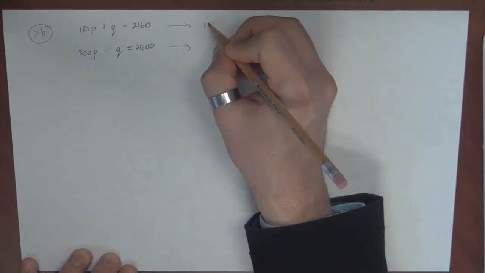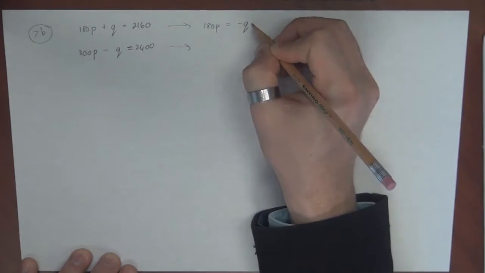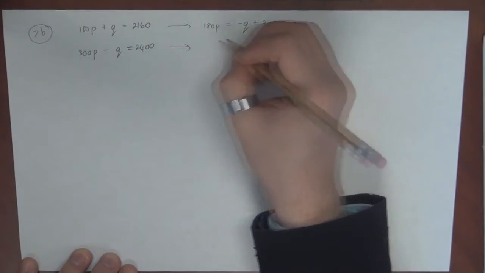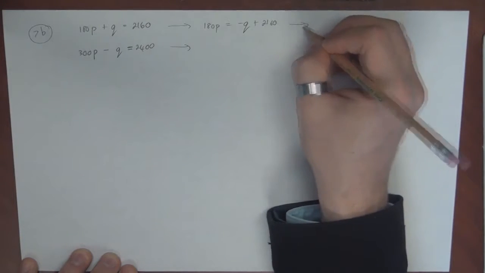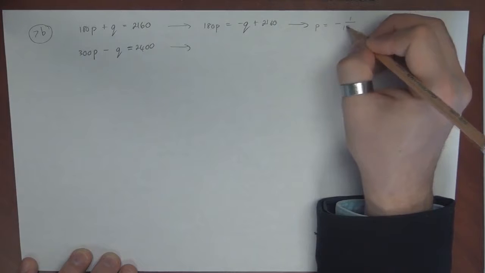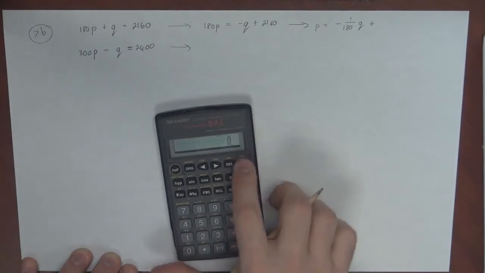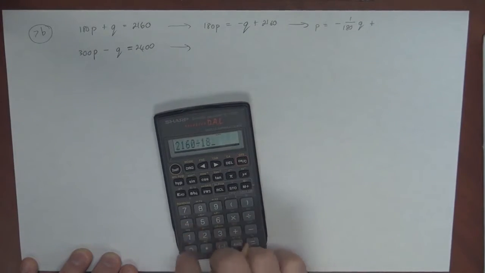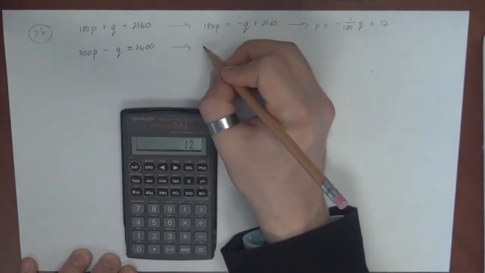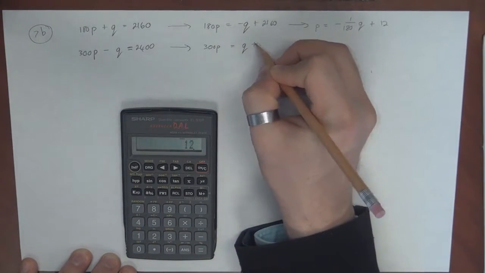So I will write an in-between step just for safety before dividing by the coefficient of P, and then I can say P is equal to negative 1 over 180Q plus, what's 2160 divided by 180? It's 12. That's nice.